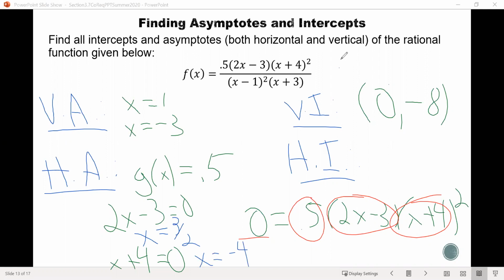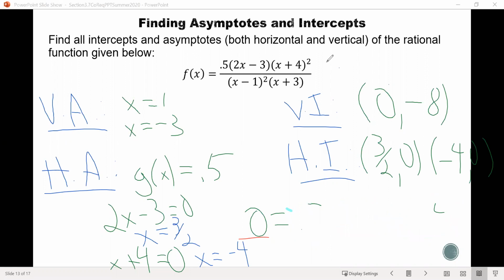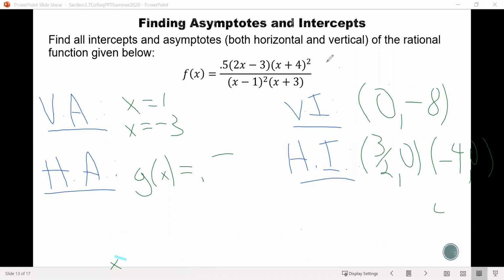So we then know that the locations of our horizontal intercepts will be at (3/2, 0) and (-4, 0). And just like we noted with the terms in the denominator, let's also look at the multiplicities of these horizontal intercepts.